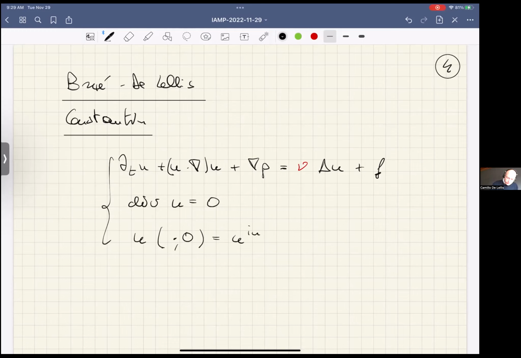Okay, so I still have this force too. And I might ask myself the question, well, can I produce solutions of the forced Navier-Stokes equation in which the force is reasonable, but the solution displays anomalous dissipation?